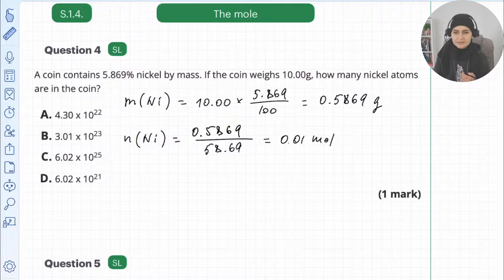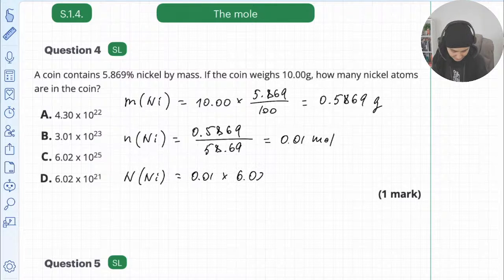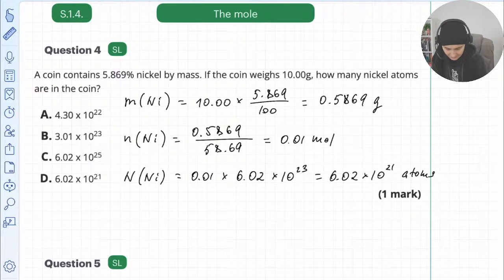And then we find the number of atoms. The number of atoms is moles times Avogadro's constant, 6.02 times 10 to the 23rd, so that's 6.02 times 10 to the 21 atoms. That's D.